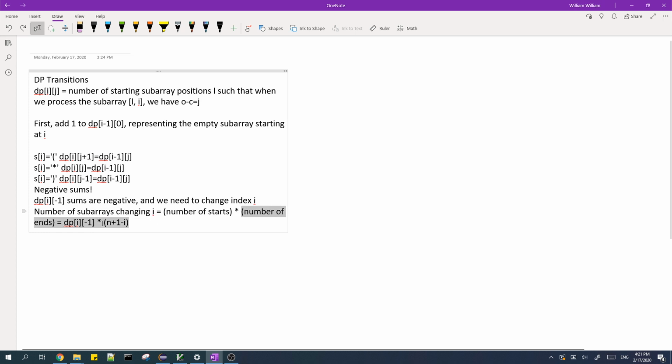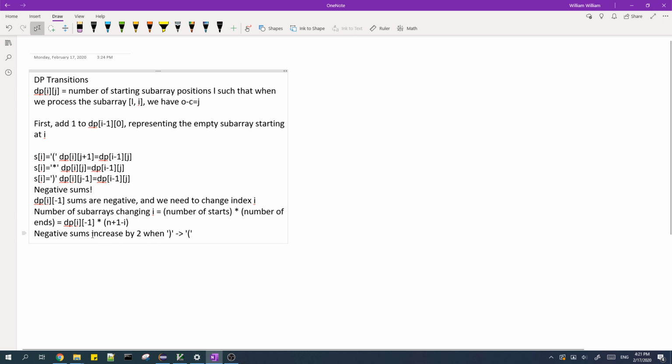And as for the number of ends, any end which is greater than or equal to I will be a possible end for the subarray. So we multiply by n plus 1 minus I. After we use this formula to calculate the number of subarrays which change I, that's the contribution for I, so we add that to the answer.